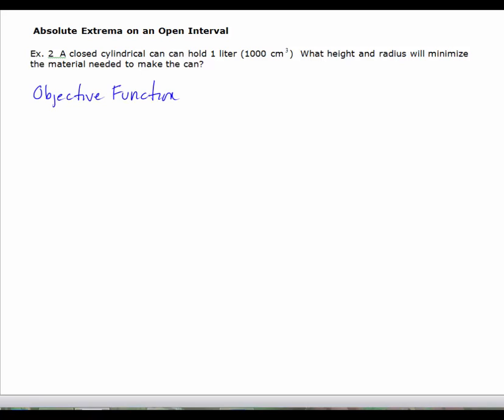And in order to come up with my objective function, I want to just take the can and open it up. So here's my can, if you think of making a cylindrical can. When we think of the material used to make this, we'd have the top and bottom.